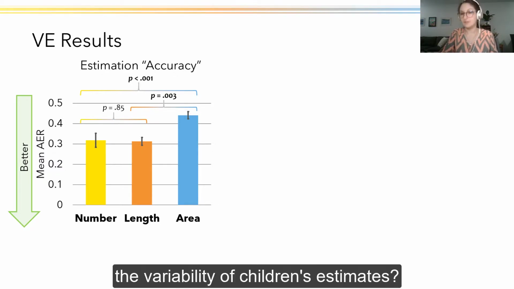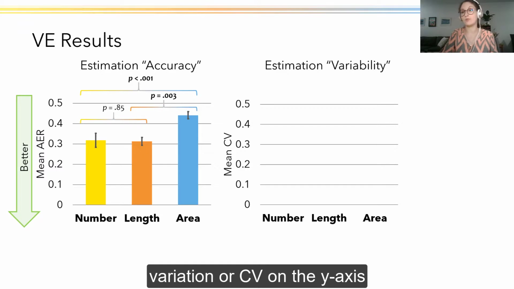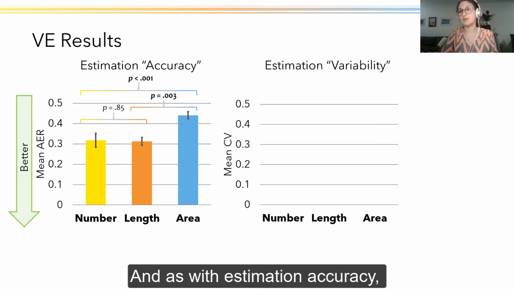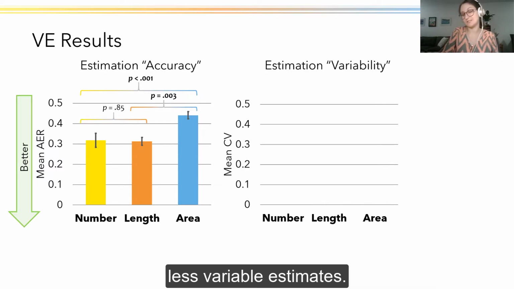But what about the variability of children's estimates? So here we plot the mean coefficient of variation, or CV, on the y-axis as a measure of variability, with each dimension once again represented on the x-axis. And as with estimation accuracy, lower values here are better, as this indicates less variable estimates.